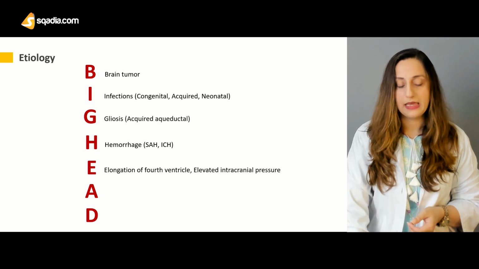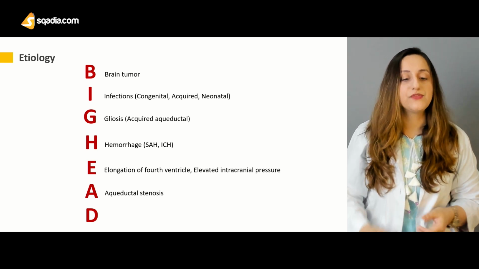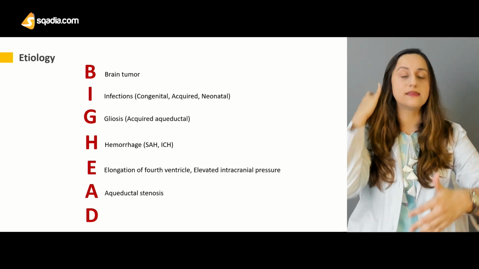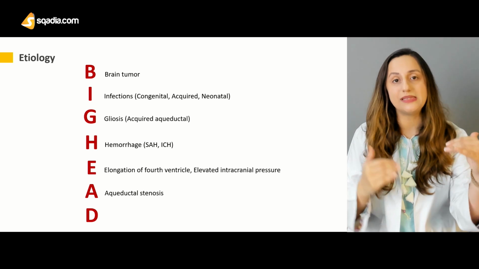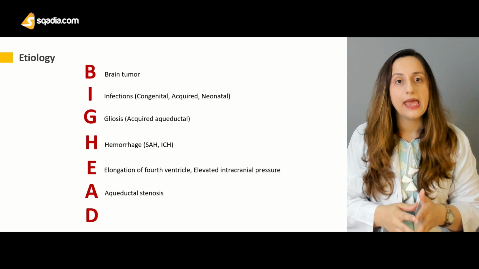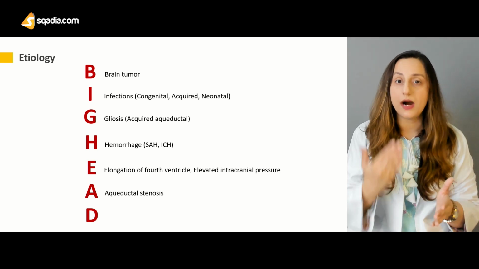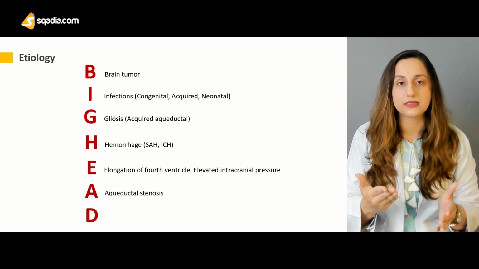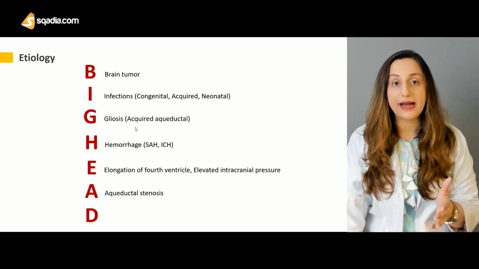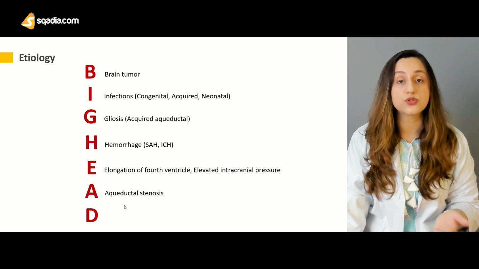Moving on, we have the aqueductal stenosis. So we went through the fact that there is a communicating duct between the third and the fourth ventricle, which is known as the aqueduct of Sylvius. And any kind of condition, even apart from the gliosis that we just studied, can be some sort of other tumors.